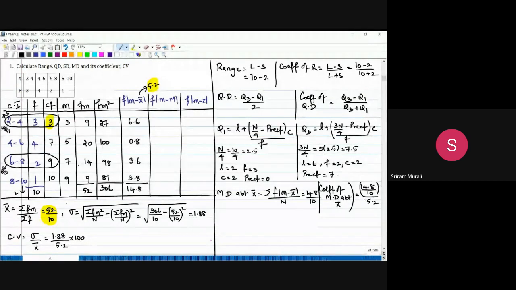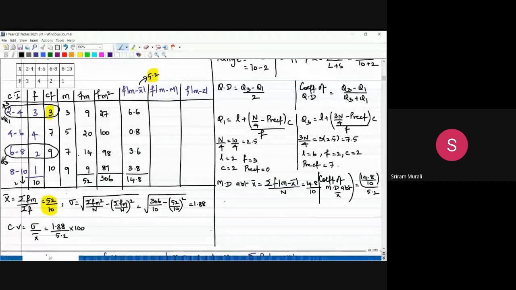Have you understood the mean deviation about mean? Yes, sir. Now we have to compute Q2, the median. Only then can you compute the mean deviation about median.